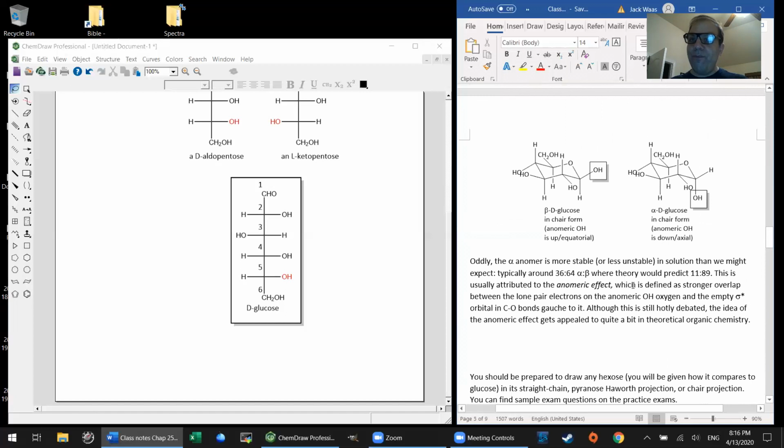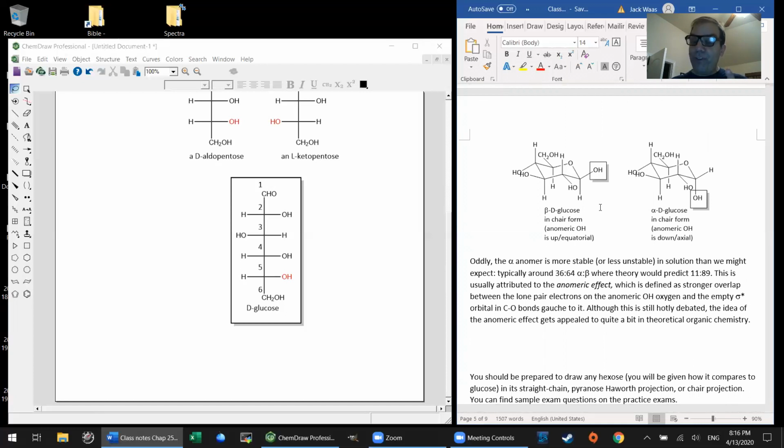So it's a good review of cyclohexane conformations, because it turns out that you can also draw these using shapes of cyclohexane chairs. We're just replacing one of the CH2s with oxygen. And this turns out to be, in some ways, a convenient way to draw glucose as well.